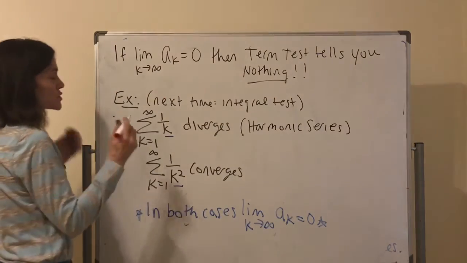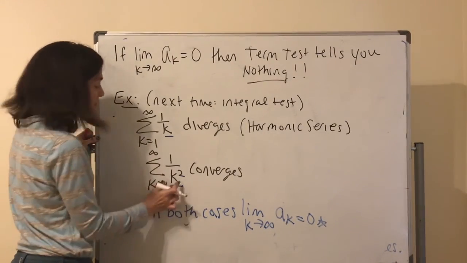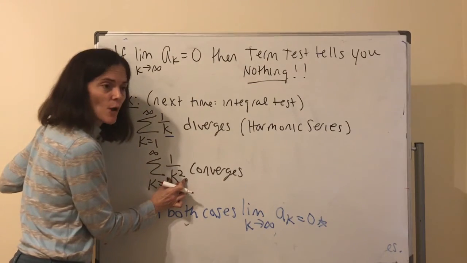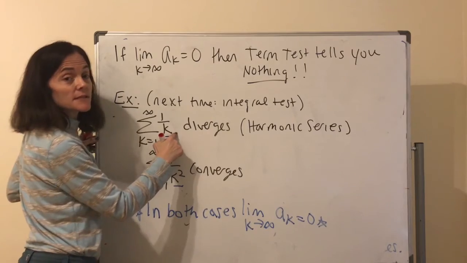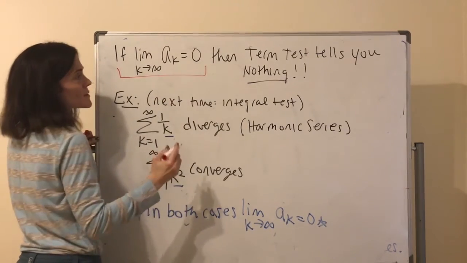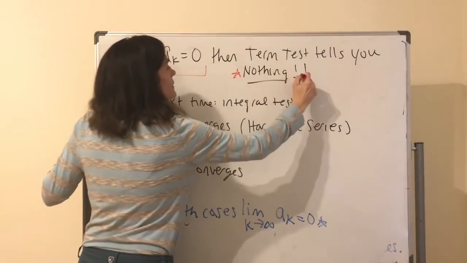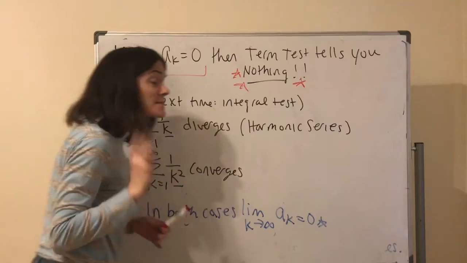And here, the terms go to 0, the denominator is growing without bound. The terms go to 0, the denominator is growing without bound. But this is a divergent series, this is a convergent series. So if you have the terms go to 0, okay, the term test tells you nothing. Very good. Let's keep that straight.